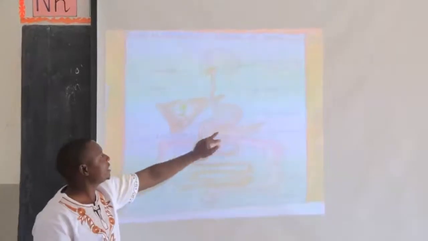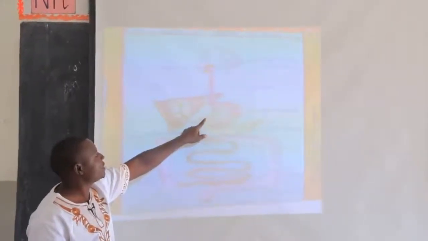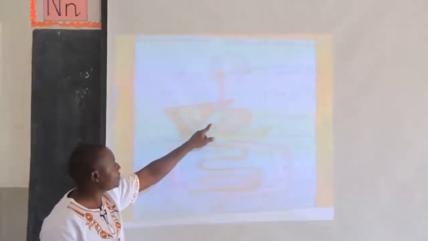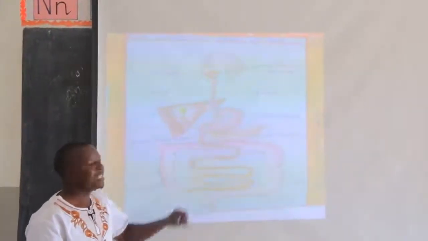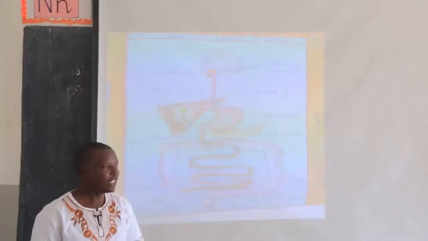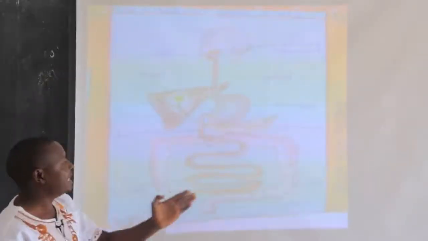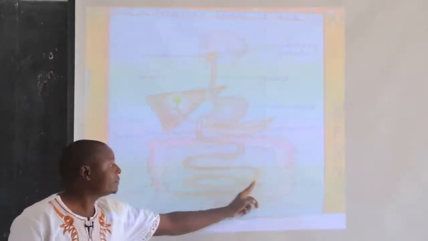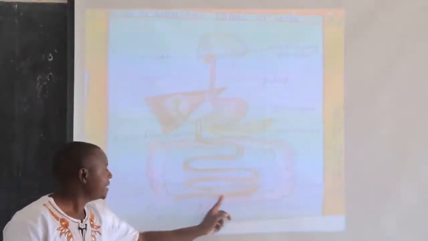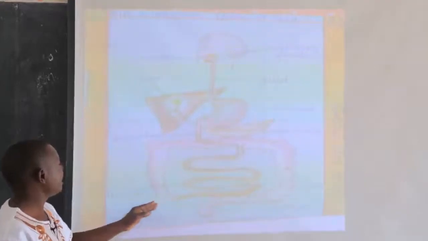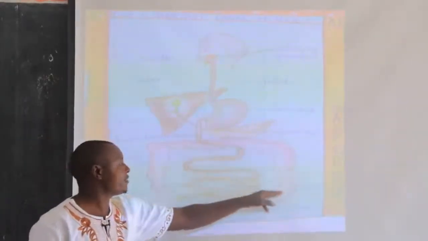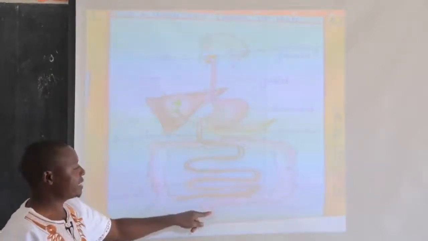Today we want to look at food in the duodenum, this part here. Later, we shall look at others like the ileum, then the colon and its function, then the rectum.